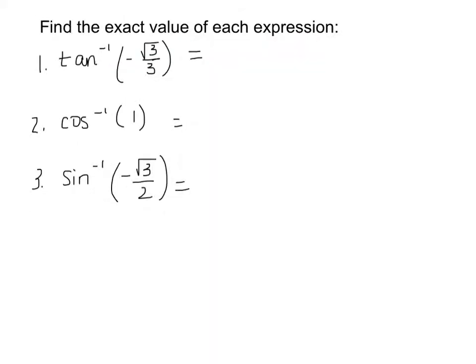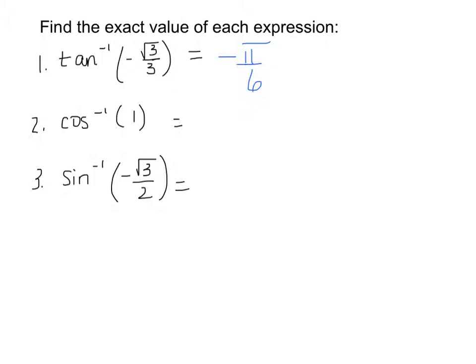Okay, these are a few examples of finding exact value, and if you want, you can use your unit circle to get the answer, or you can look back at the previous notes since I already labeled them. So the first one, you find what angle gave us a tangent of negative square root of 3 over 3, and that would be negative pi over 6.